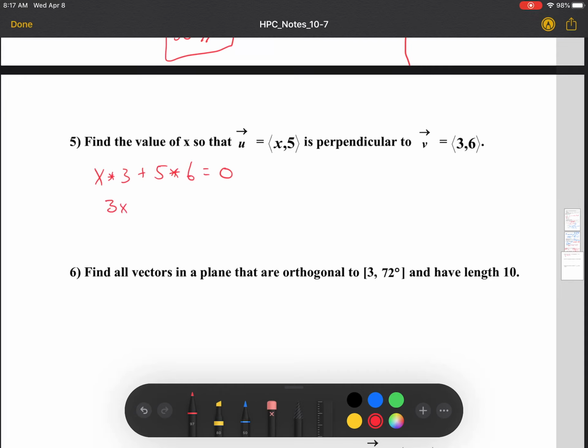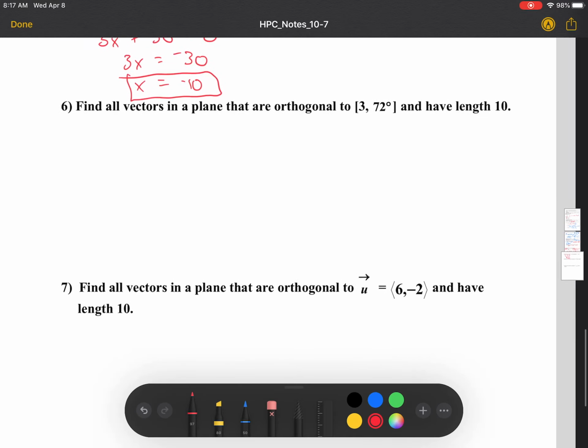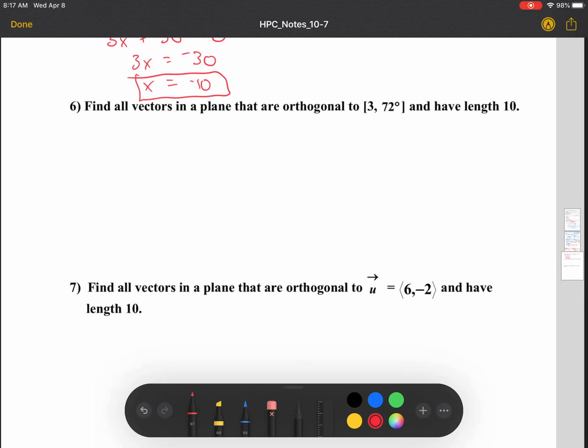You end up with 3x plus 30 equals 0. 3x equals negative 30. x equals negative 10. Easy as that. Understand what the question's asking, set it up correctly, solve it out.